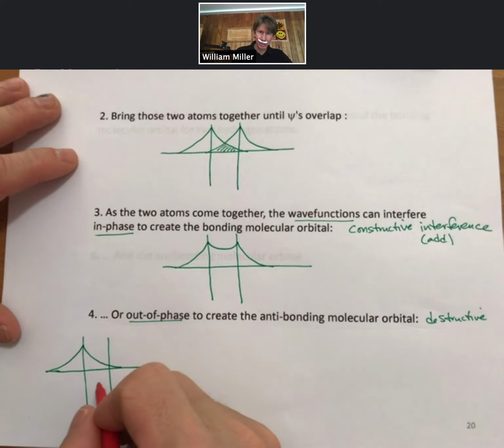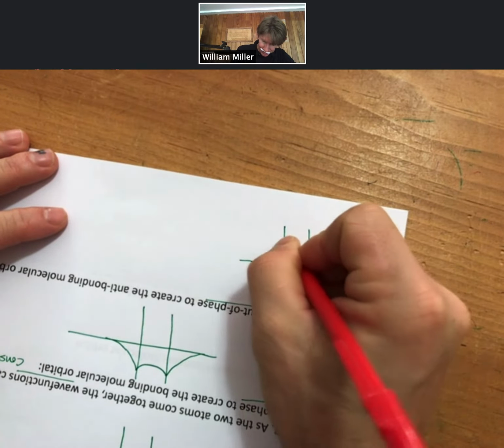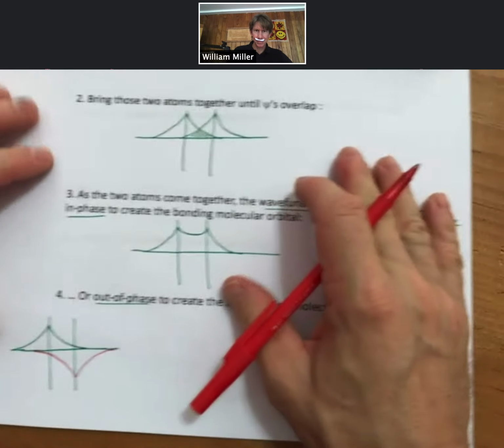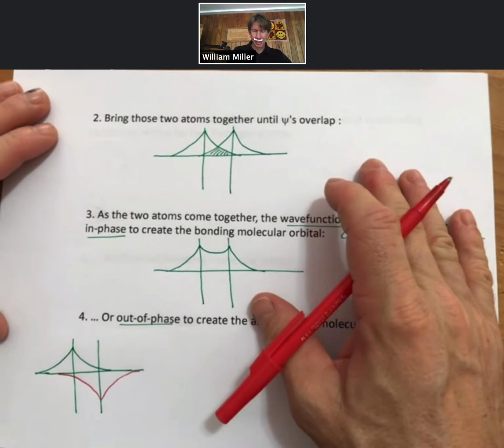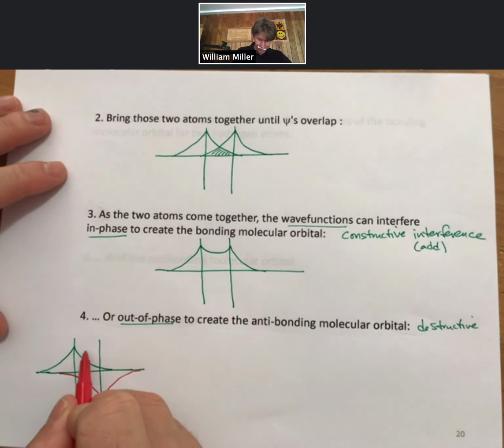And here I'll do this one in red, and I'll flip my page upside down. There we go. And so now you can see that right in the middle, they exactly cancel out.